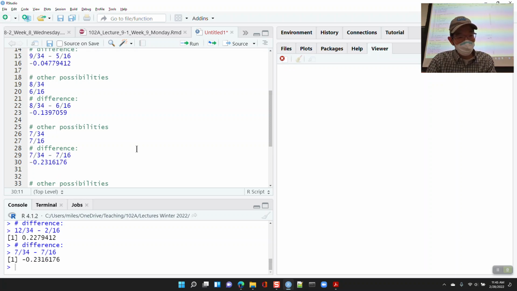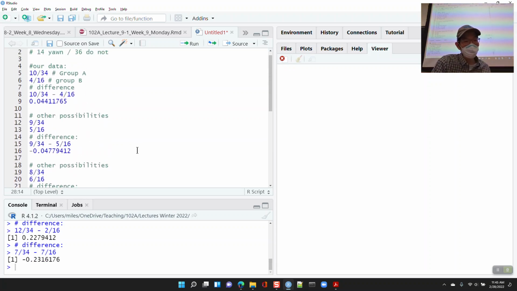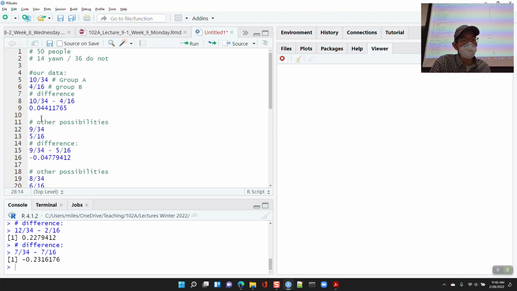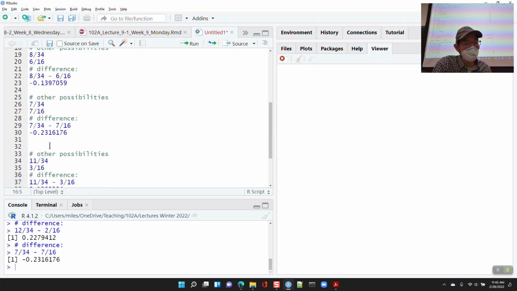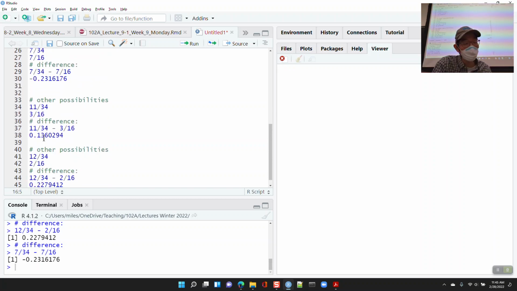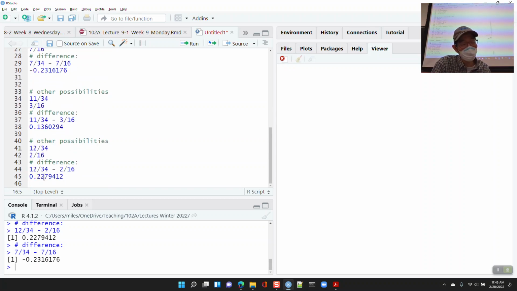So if you look at all of these differences, 0.044 is actually the smallest possible difference we can get. You cannot get a smaller difference, because if you flip and change any of these numbers, you might get negative 0.047, negative 0.139, negative 0.23, or positive 0.136, or positive 0.227.